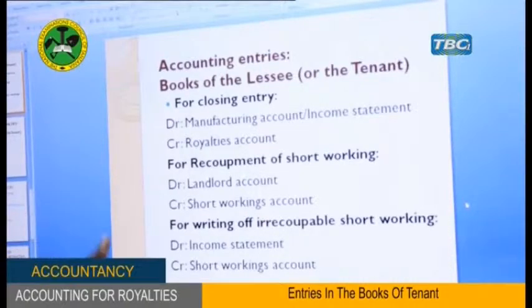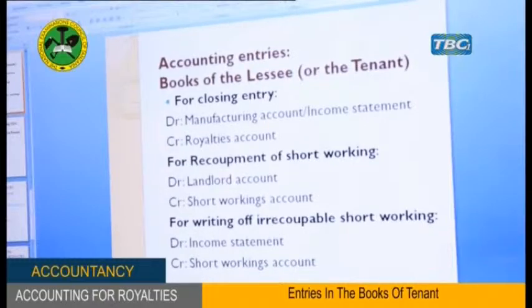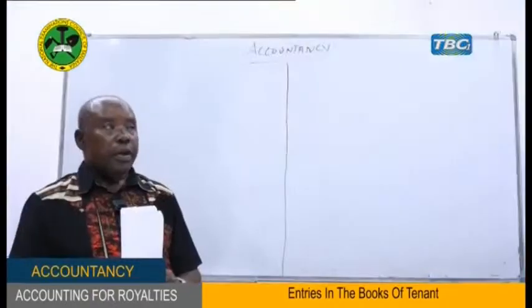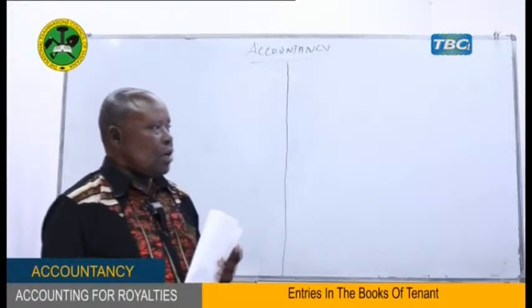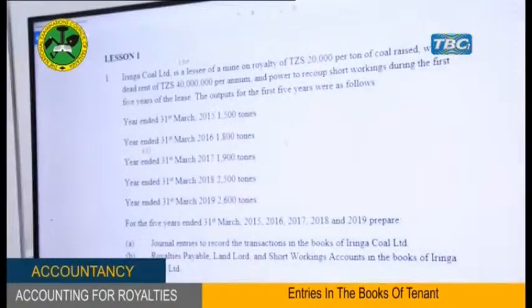So we debit income statement as an expense and credit short workings. Okay, let's now do this question so that we can write entries in the books of tenant.